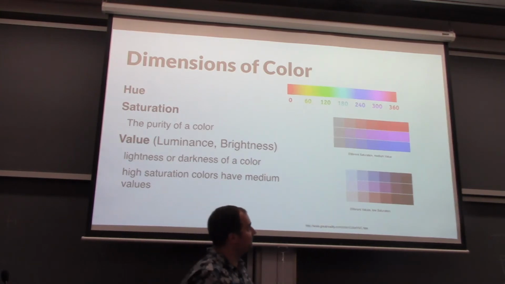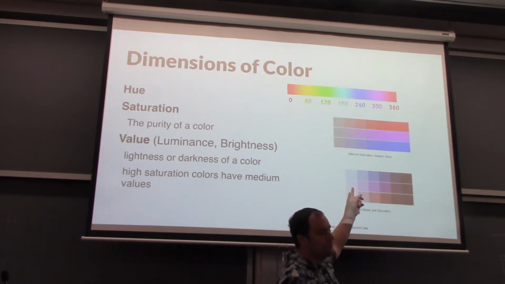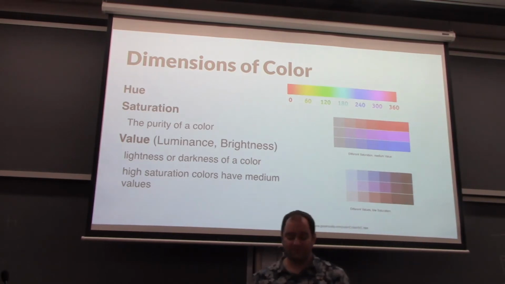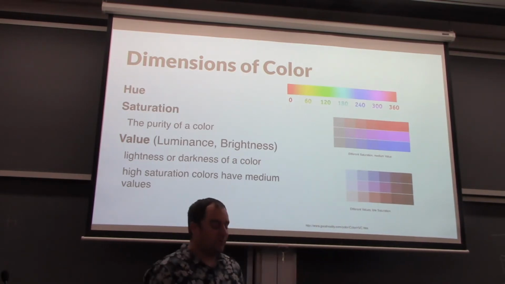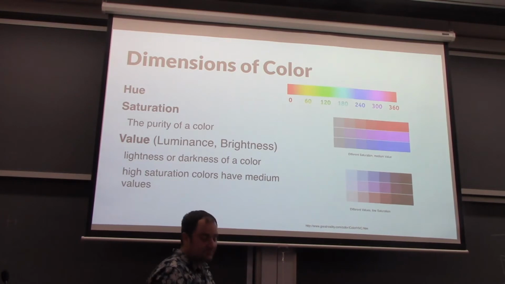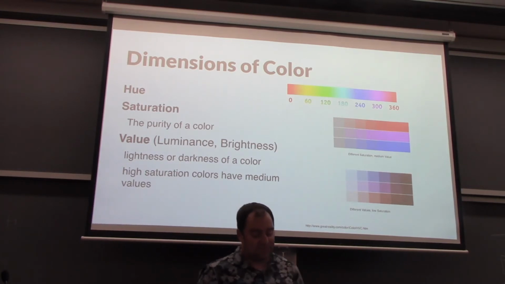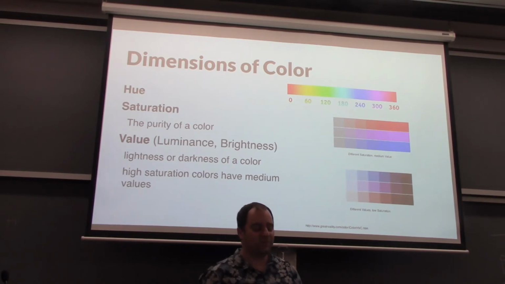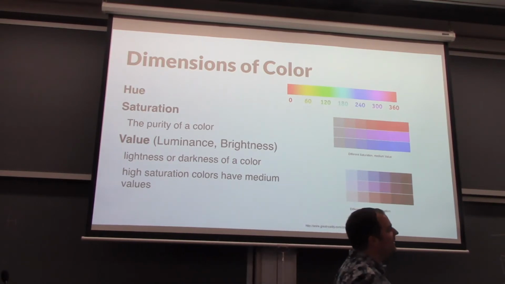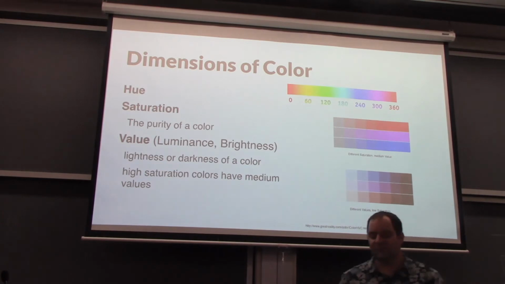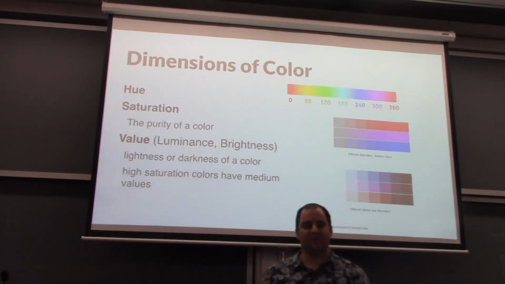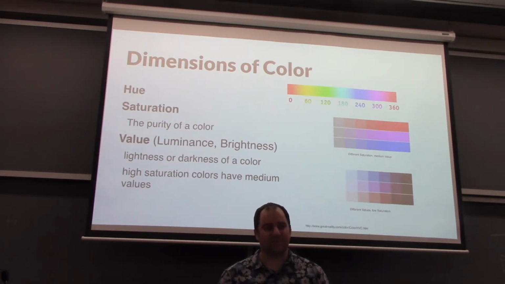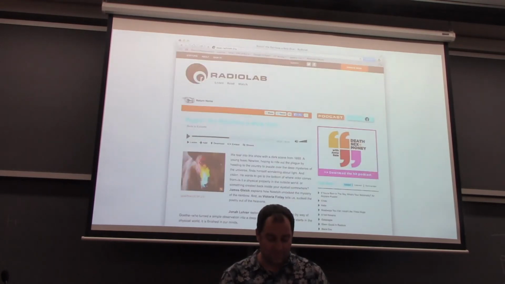So here we have the same hue with different saturations. The value, also called luminance or brightness, is the lightness or the darkness of a color. So high saturation colors have medium values. What you really need to remember here is that there is a difference between hue and another component that essentially shows us something like the strength of the color.